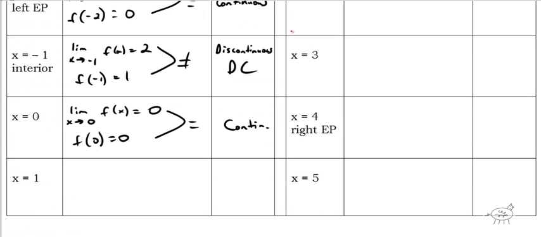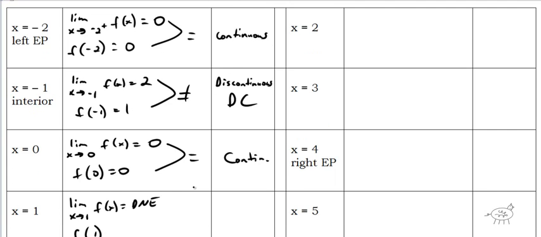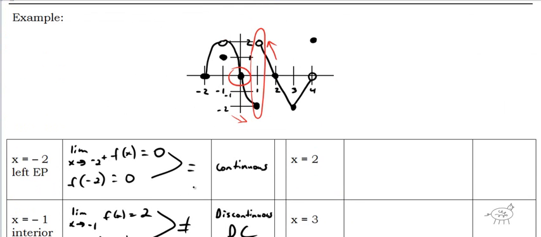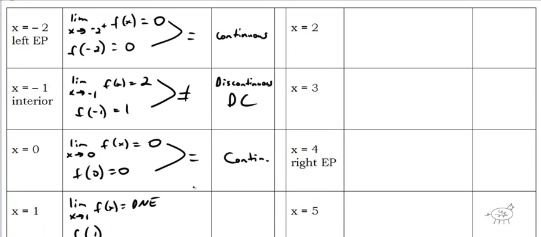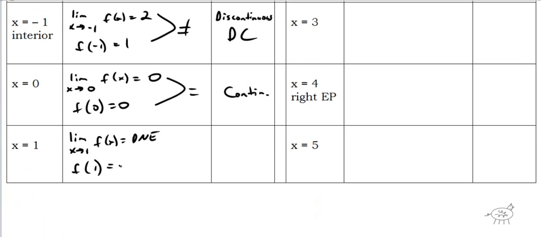So right away you can tell me that the limit as x approaches 1 of f of x does not exist, because the one-sided limits are different. And I don't even care what f of 1 is, though you can figure it out. Go back up to the graph, f of 1 is wherever the solid dot is, which happens to be negative 2. Not that it really matters, but just because of that, this is discontinuous.